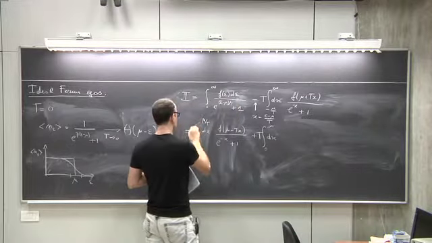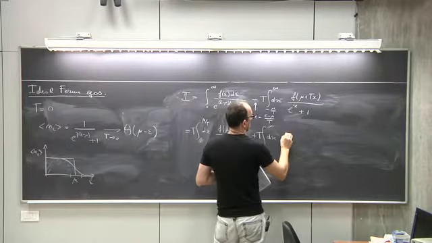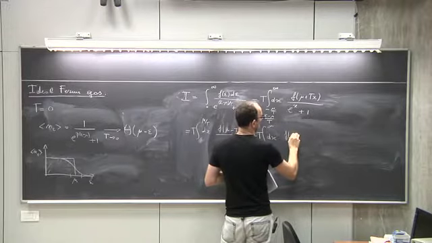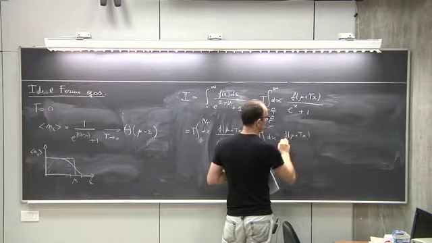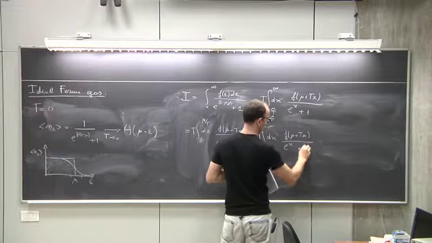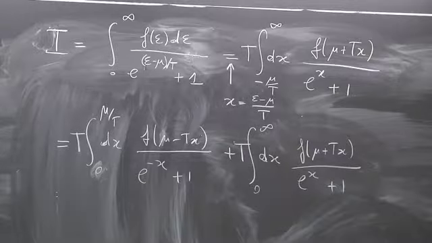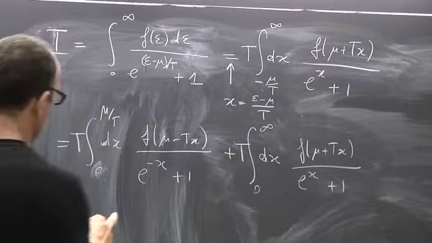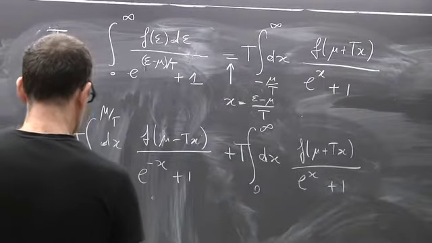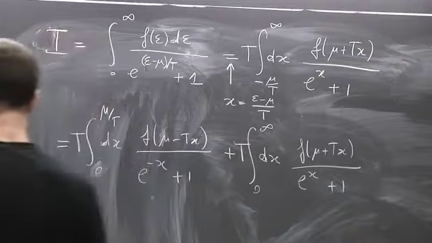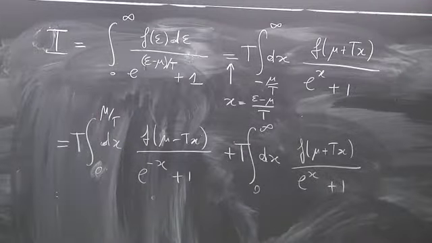This is still t, which is the same. Now here I can write that 1 over e to the minus x plus 1 is equal to 1 minus 1 over e to the x plus 1.